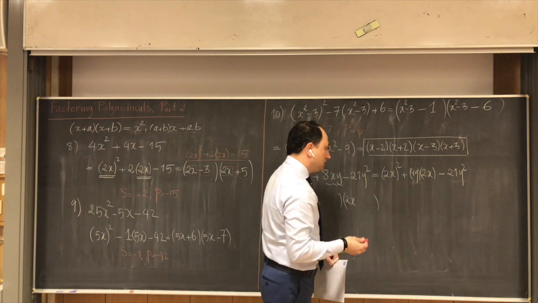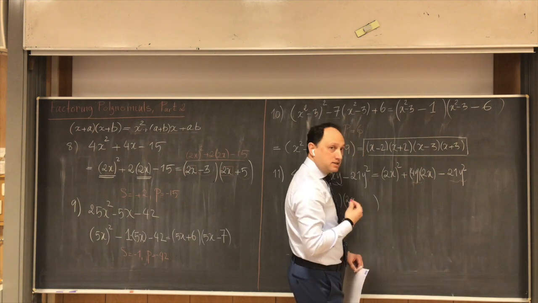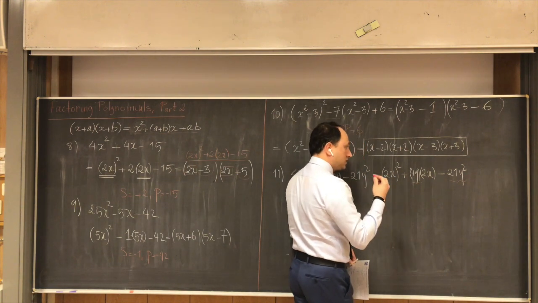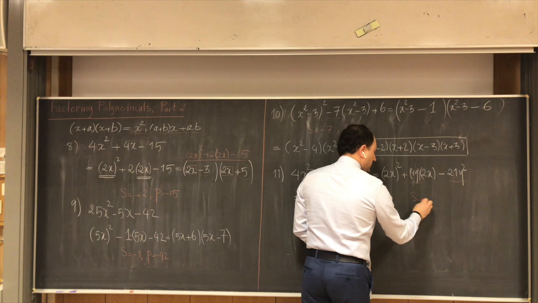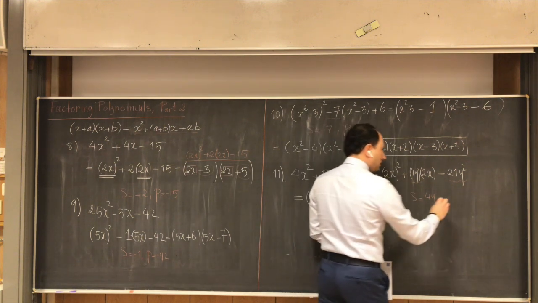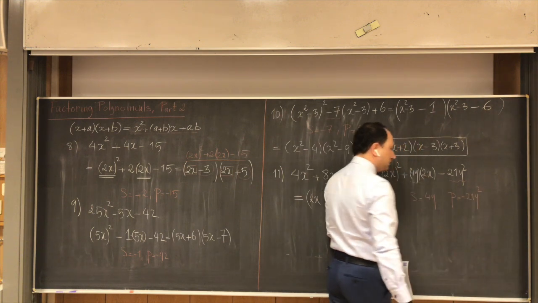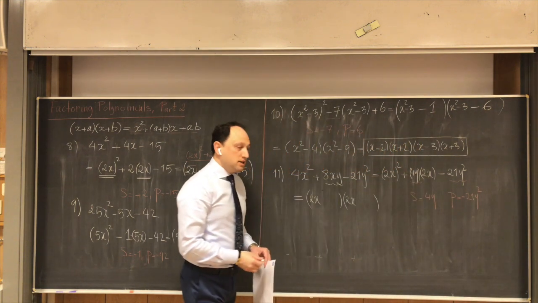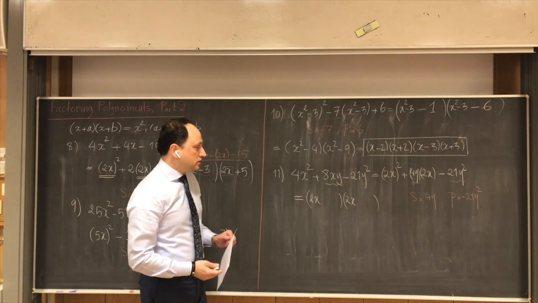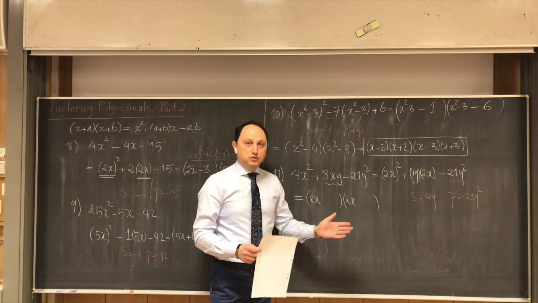But this is not actually an obstacle. You can just ask yourself, can I guess 2 expressions such that the sum is 4y and the product is negative 21y squared? If you can guess those 2 expressions, then you put one of them here, the other one there, and then you are done.